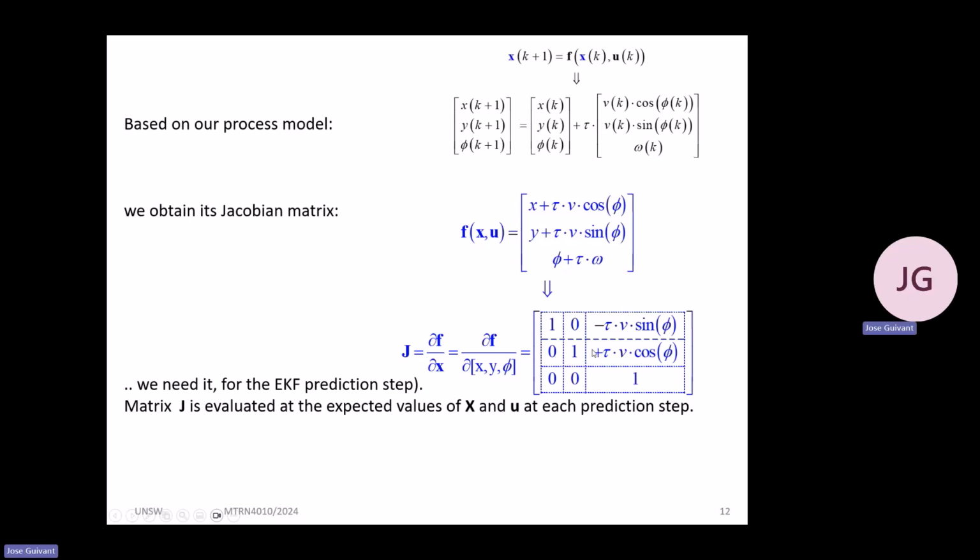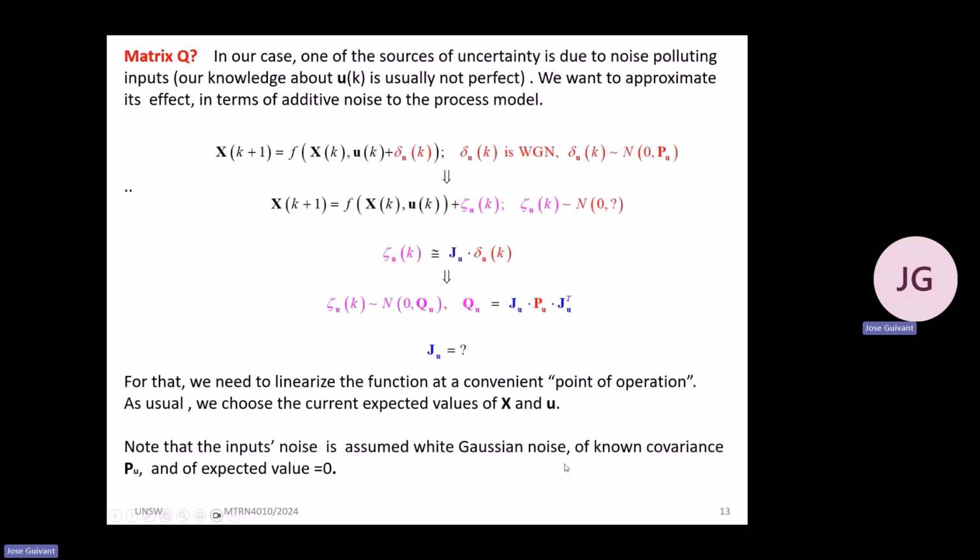And you see that these partial derivatives do correspond to this state equation. Okay, good. I'm not going to explain what these partial derivatives are in particular because you know this from mathematics. That is the analytical expression of the Jacobian of the state equation with respect to the state vector x, y, and phi.